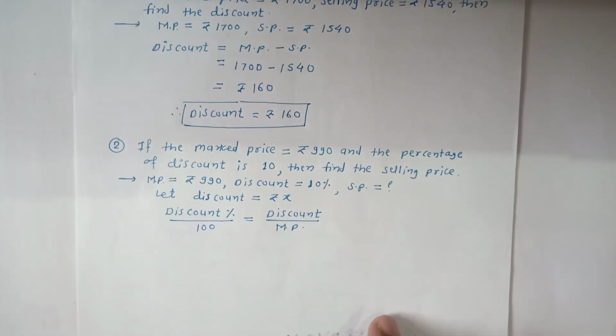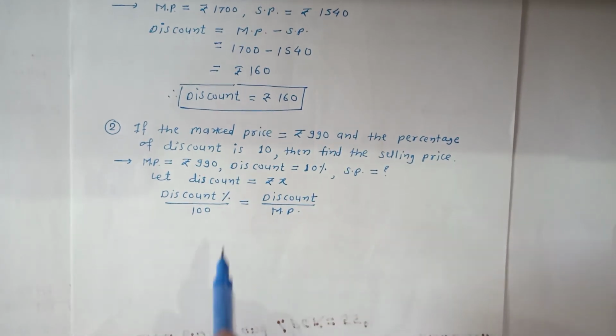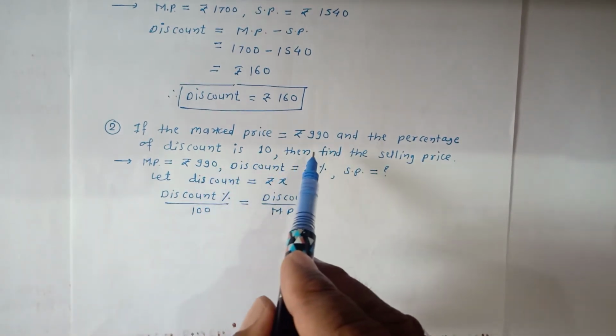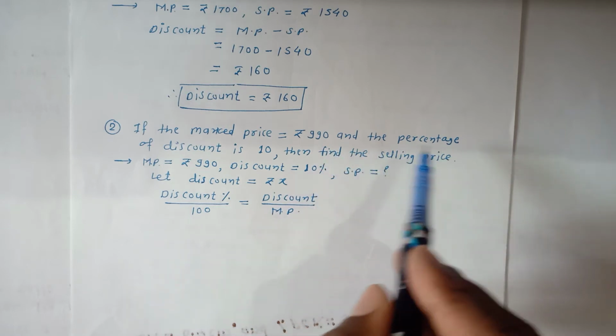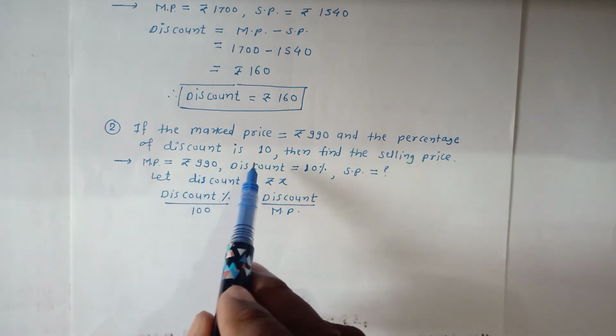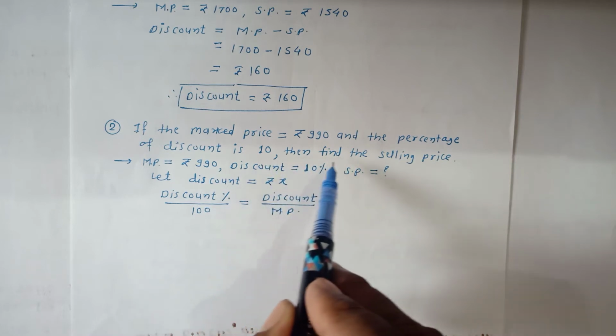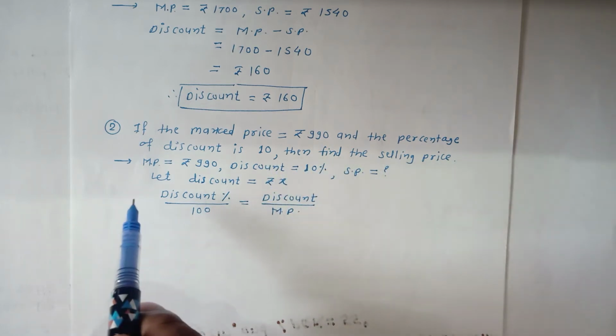Now question number 2. If mark price is equal to 990 and the percentage of discount is 10, then find the selling price.